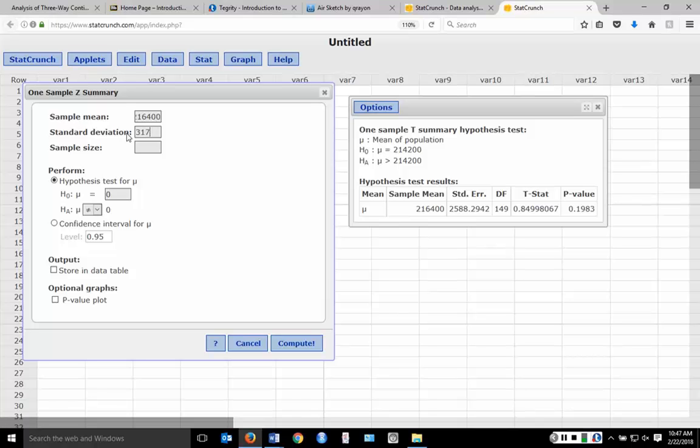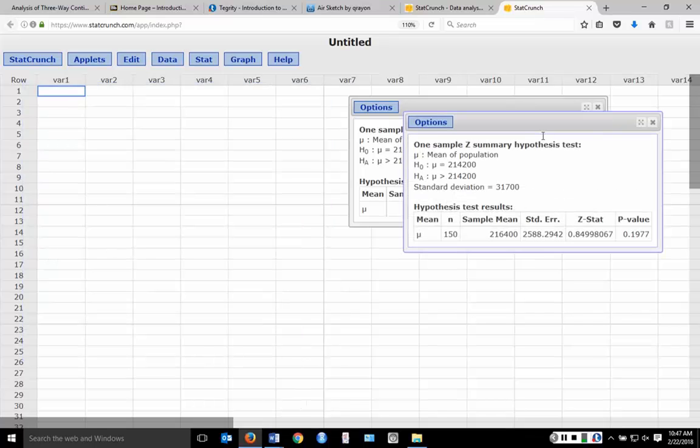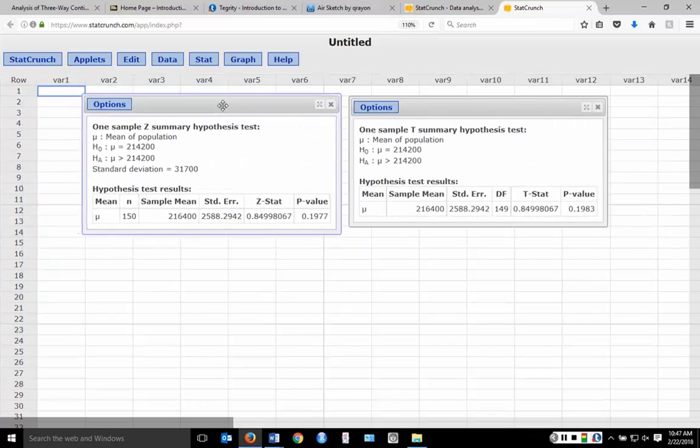I'm just going to put in the exact same number that we had before. So that's what our output would look different. If you notice, things are pretty much labeled the same, except here it's called a t-stat instead of a z-stat, which does actually affect your p-value.